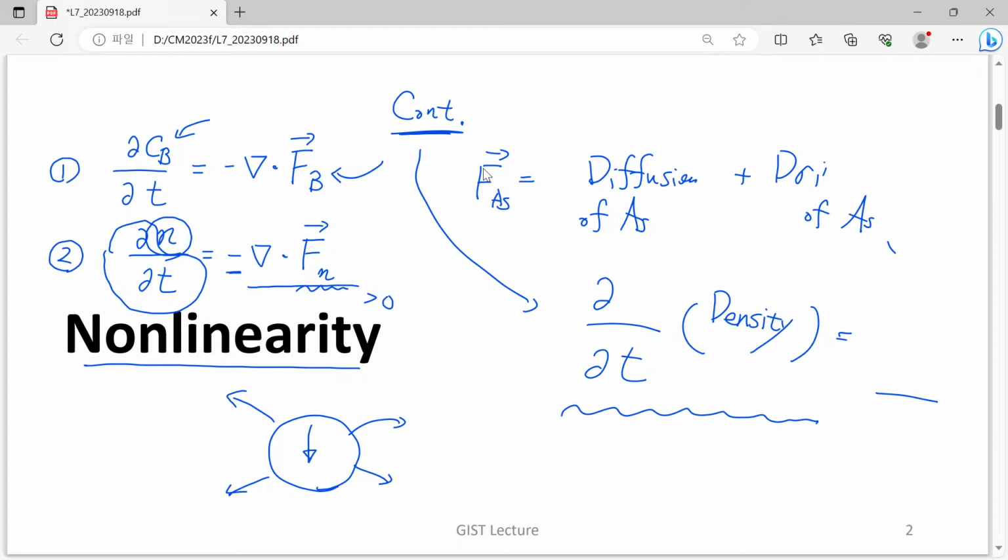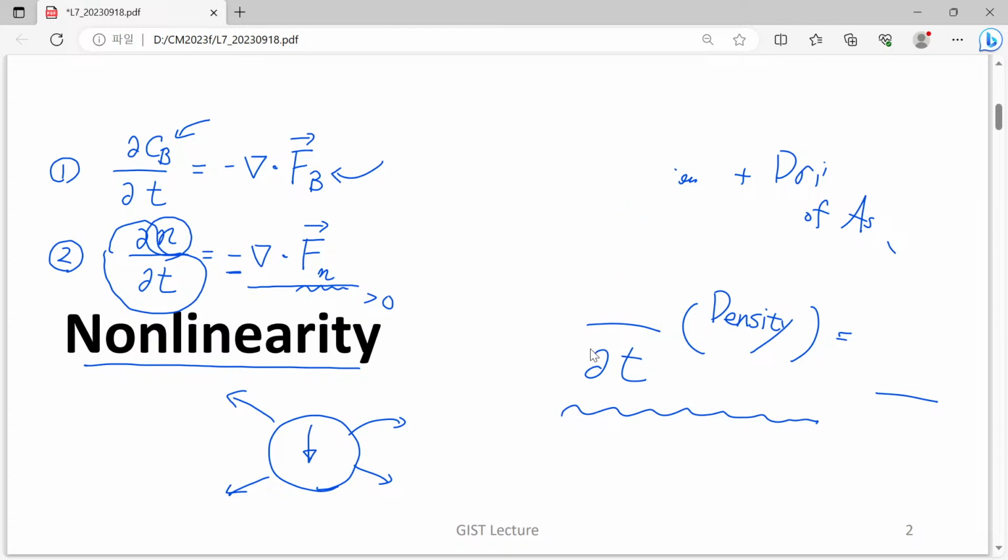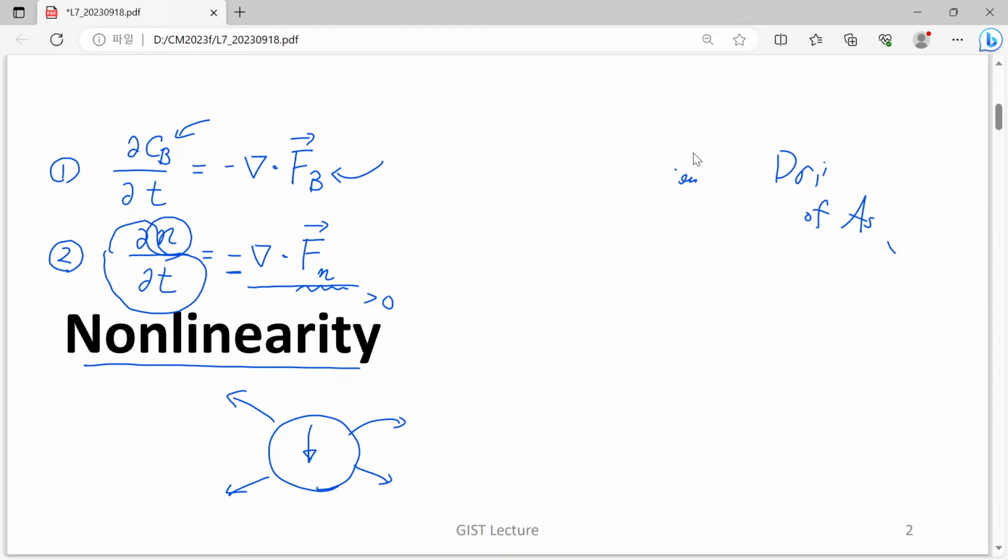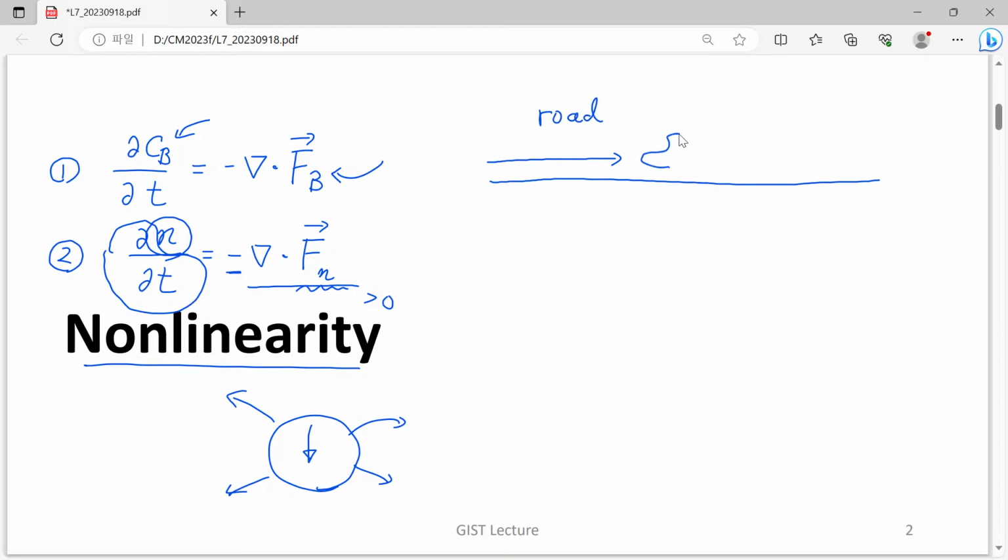Of course, your question was really interesting, and let me ask this question. Is the continuity equation the only form for specifying such a density-related term? The answer is actually no. For example, we can think about this one. Let's say that this is a road, and there are many cars.